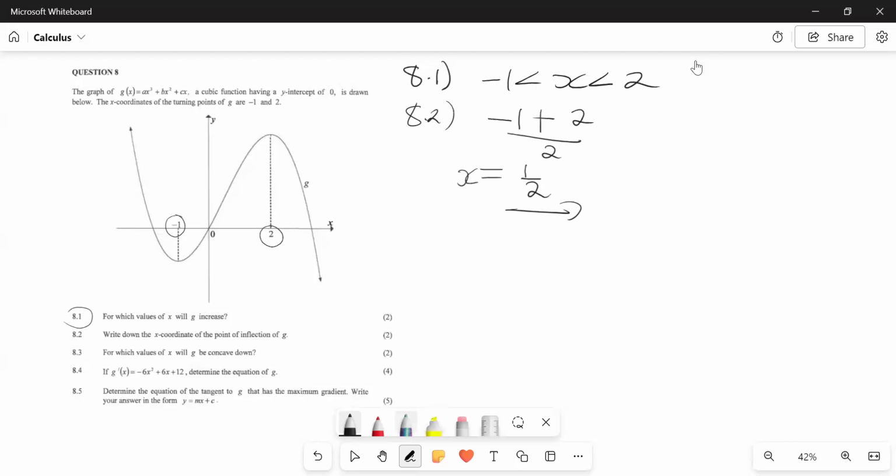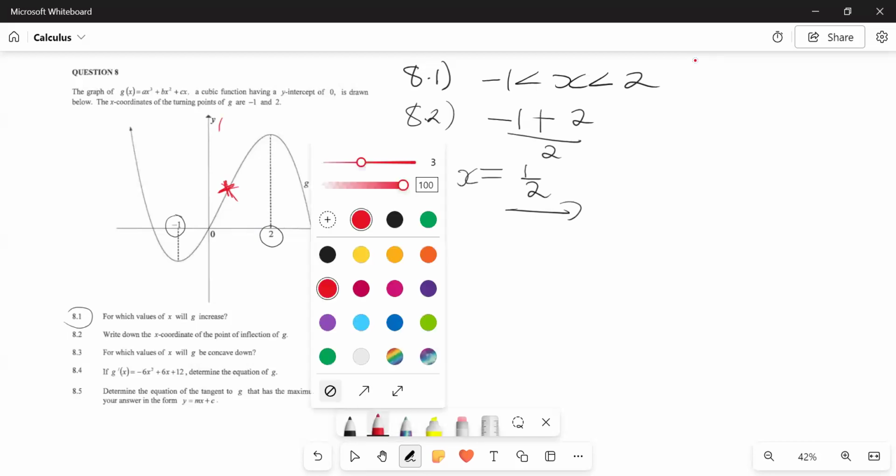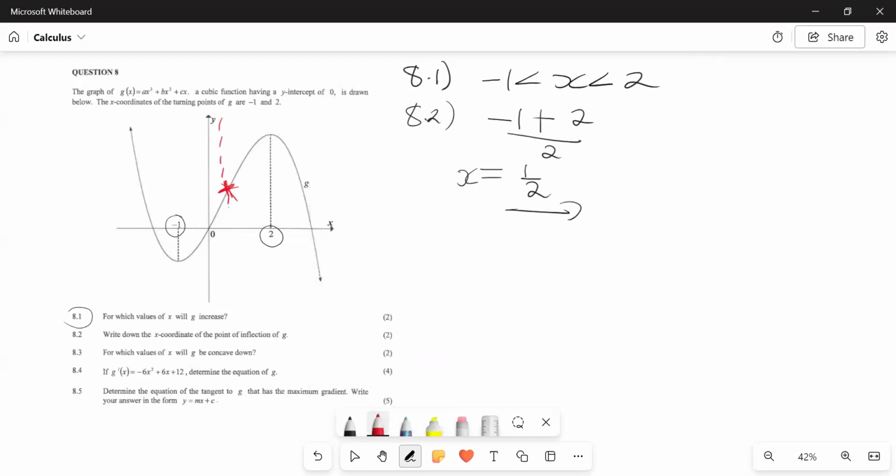So now let's use our graph to try and spot our point of inflection. I think it's somewhere there, because now let me explain the important part. Remember, I said the point of inflection separates the concavity, concave up and concave down.